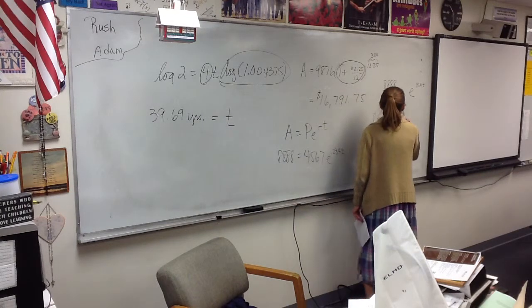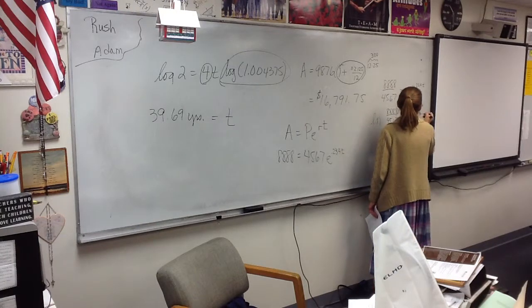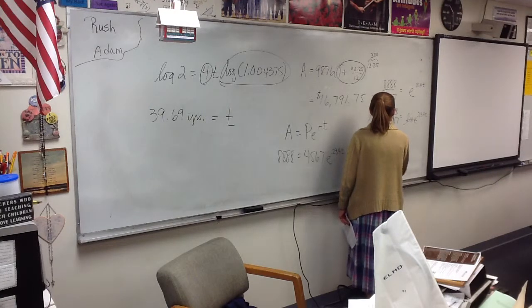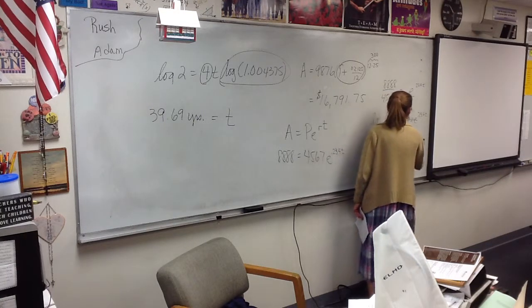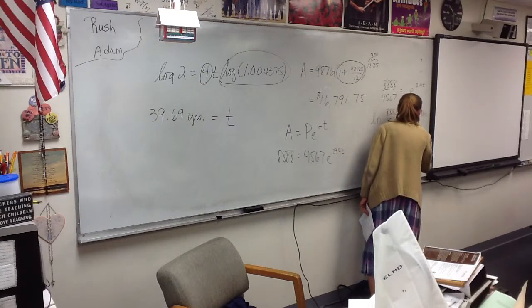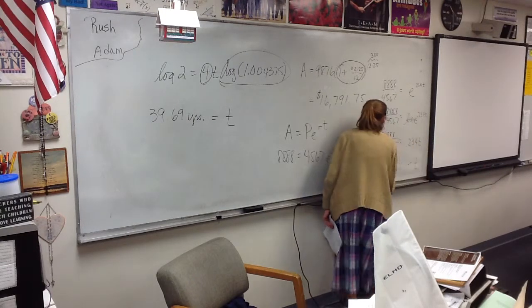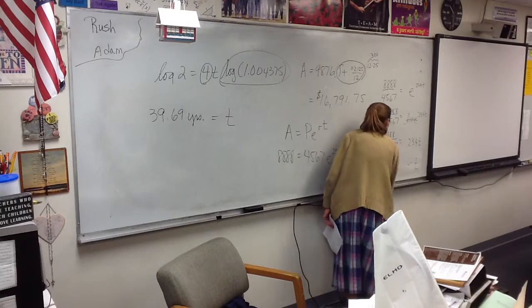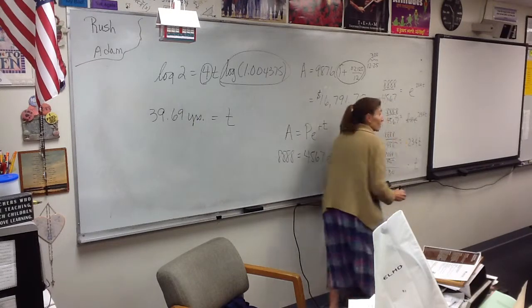And Jack, what's going to happen over here on the right when I take ln? Those are going to cancel. So I will type in my calculator ln of 8888 over 4567, divided by 0.234.